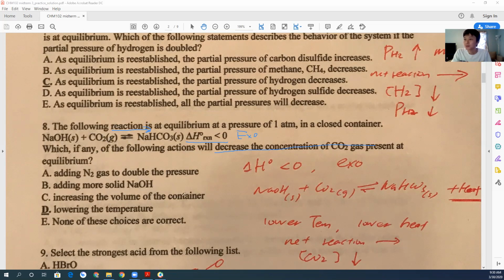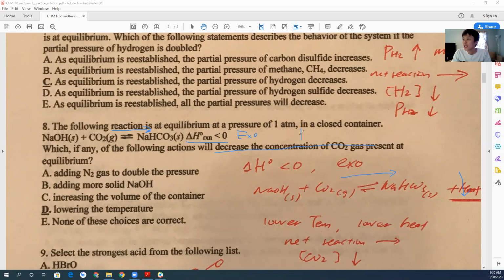So among all choices, B, lowering the temperature will cause a shift to the right, because you lower the temperature, meaning lowering the heat. This decrease will cause the equilibrium to shift to the right, so more CO2 will be consumed.